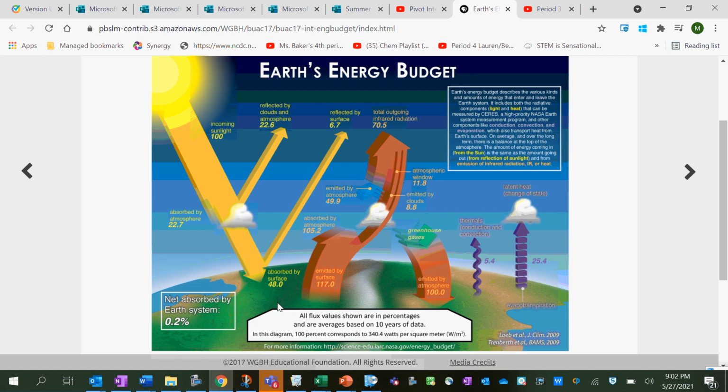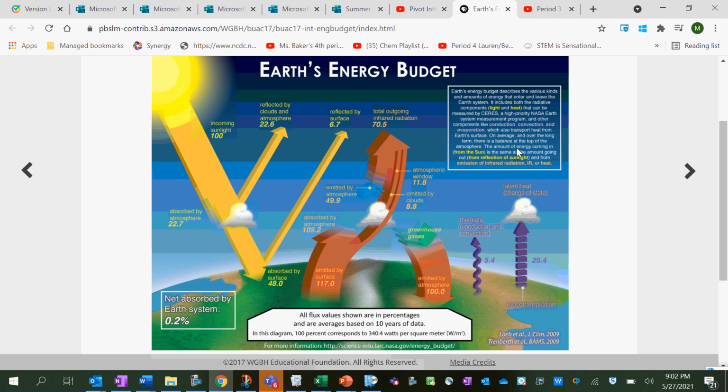And let's see if there's any other details from here. Let's read this. Earth's energy budget describes the various kinds and amounts of energy that enter and leave Earth's system. It includes both the radiative components, light and heat, that can be measured by CERES, a high-priority NASA Earth System Measurement Program, and other components like conduction, convection, evaporation, which also transport heat from Earth's surface.